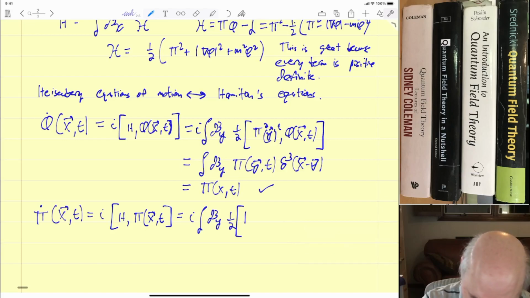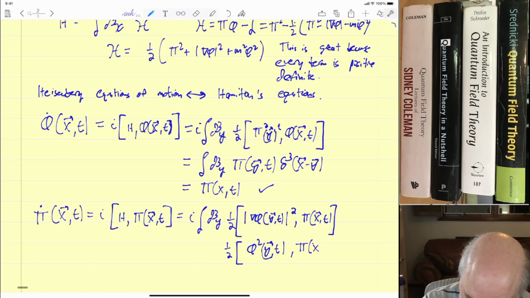So I'm going to have 1/2 del phi squared with the pi, and I'm going to get another term, 1/2 phi squared of y comma t, comma pi of x comma t.